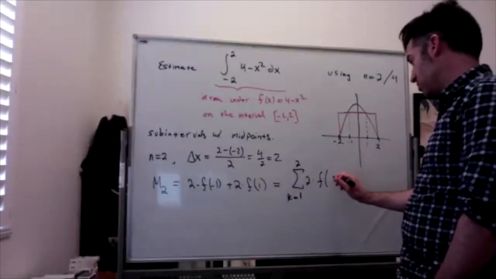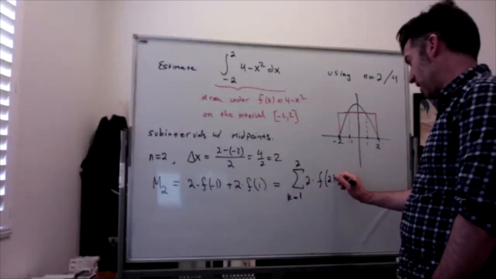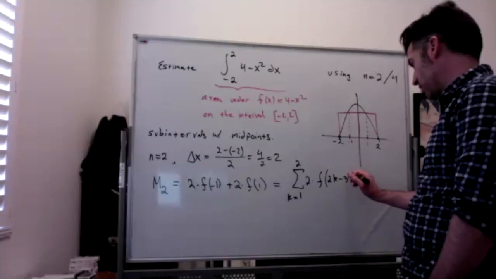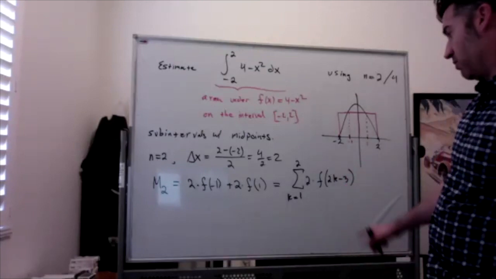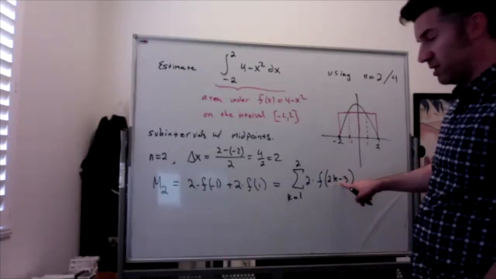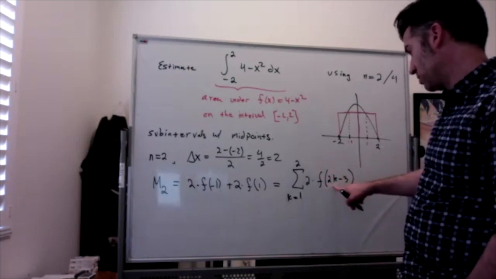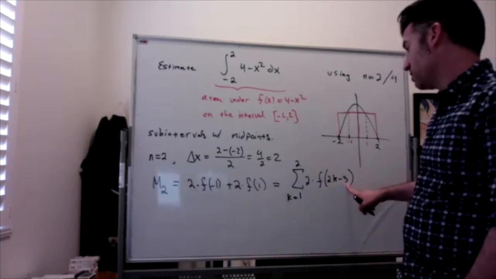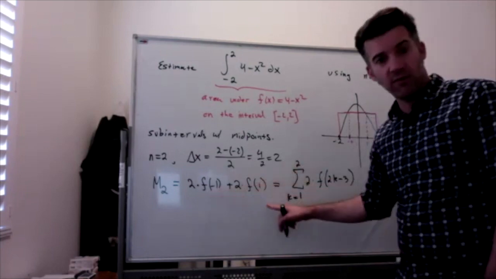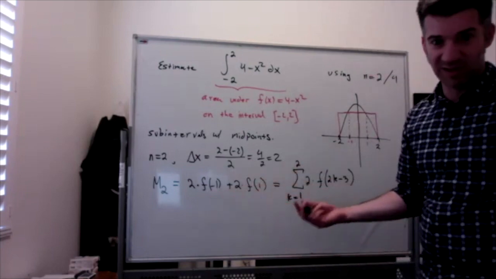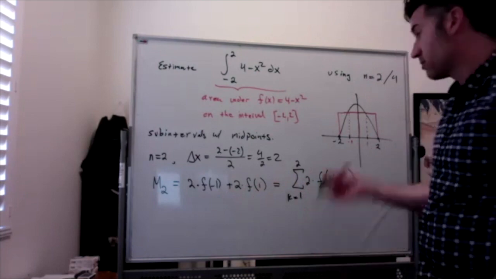So I'm going to do 2k minus 3. When k equals 1, 2 times 1 minus 3 is -1. When k equals 2, 2 times 2 is 4, minus 3 is 1. So I get f of -1 and f of 1. You probably wouldn't write this one as a sum because it's only 2 pieces, but you could.